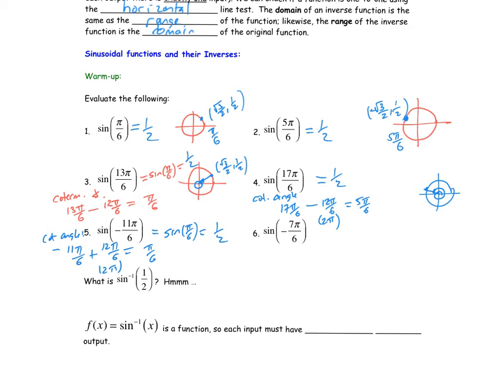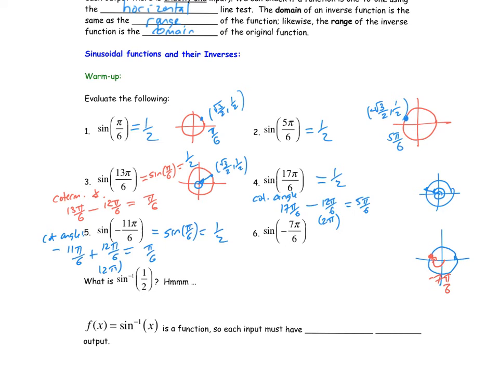And now we have sine of negative 7 pi over 6. I could draw this angle out on my unit circle if I wanted to. It's not directly on the unit circle, but it is if I rotate in the negative direction. If I rotate in the negative direction, this angle is negative 7 pi over 6.